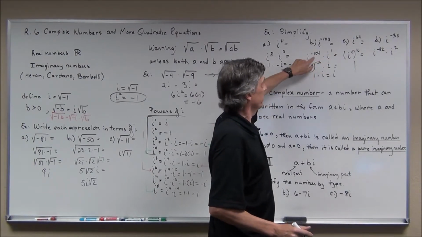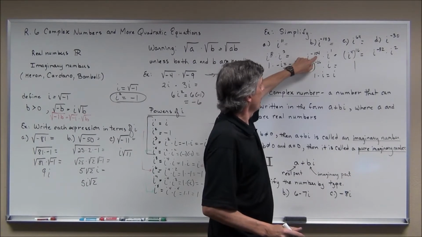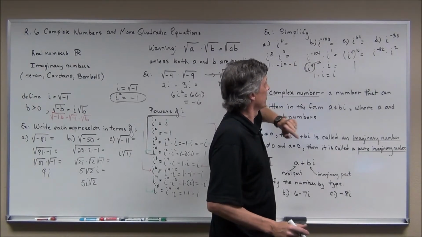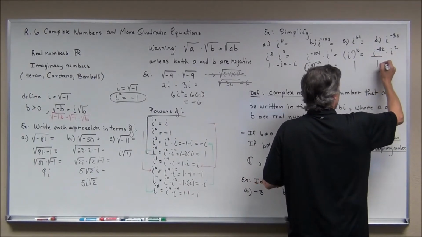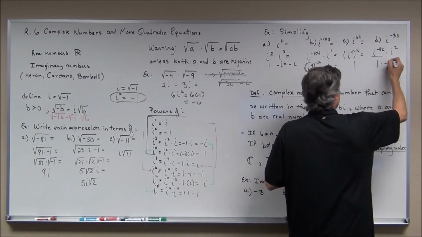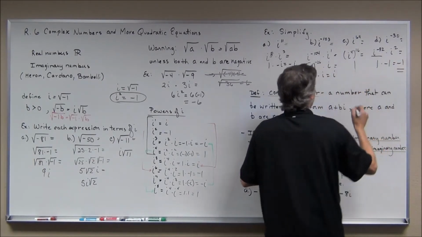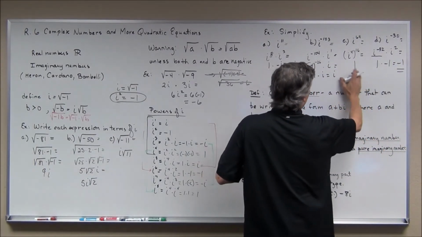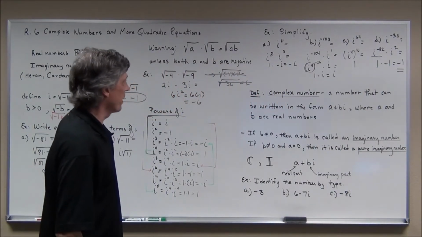It wasn't just by happenstance. That is the largest multiple of 4 that's smaller than that exponent. So that's the same process here. This is just 1. And of course, I to the second power is negative 1. So this is negative 1. I can find any integral power of I that way, using this pattern.